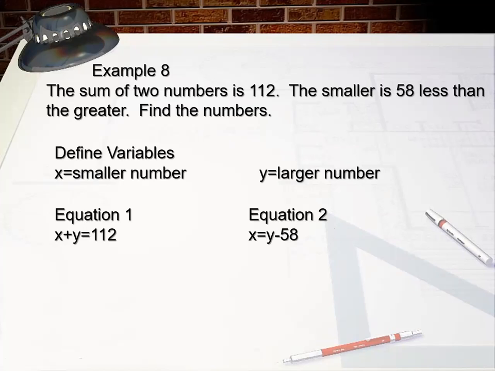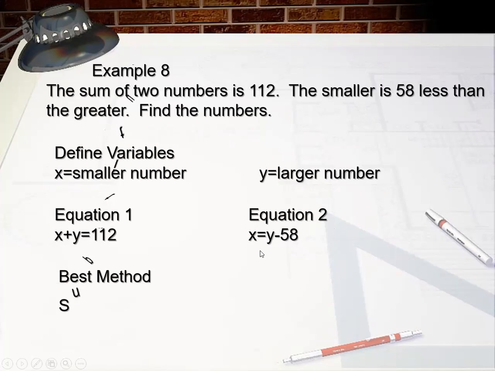And it said that the smaller is 58 less than the greater. So X equals, 58 less than, so I have to subtract from the larger number. So that's how this is set up.